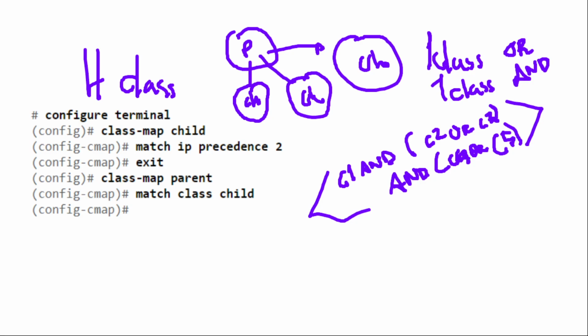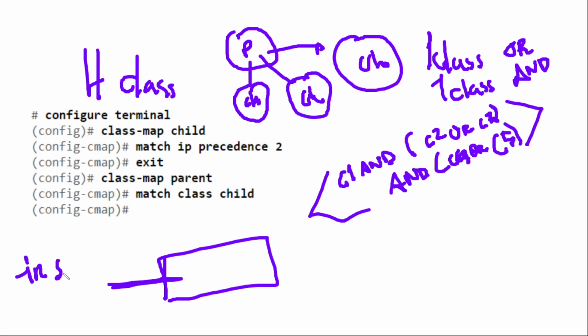So, a final point here. You can use classes for inbound and outbound traffic. If you have a port here, you can have an inbound set of classes configured for the traffic that is going to enter your switch. So you are going to classify the traffic that is entering your switch.